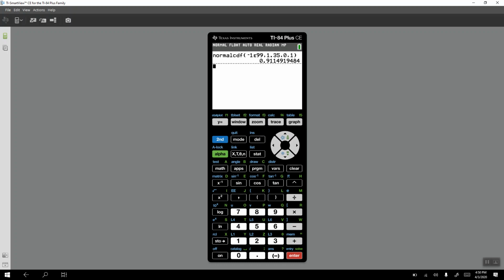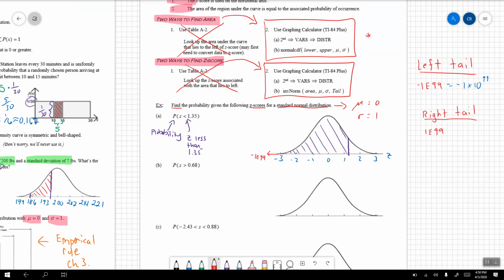We get our probability, which is approximately 0.911. So we're going to go back and write this. Now, before writing this down, we're going to make sure that we interpret what we have. In order for me to give you credit on the exams, I need to see that you were using some sort of command, in this case normal CDF.